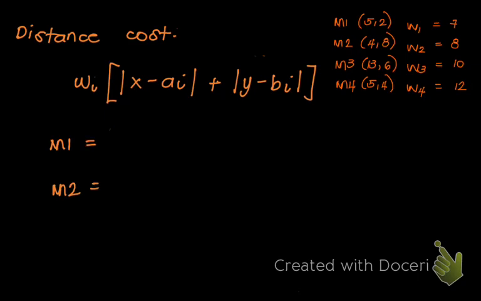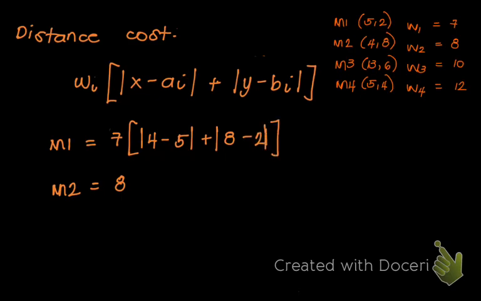Ang weight ni machine 1 and machine 2 is 7 and 8, and then sabi, 4 and 8 daw yung x and y. So, we have 4 minus the x coordinate of machine 1, which is 5, plus yung 8 naman, which is yung y coordinate of the new facility, minus 2.